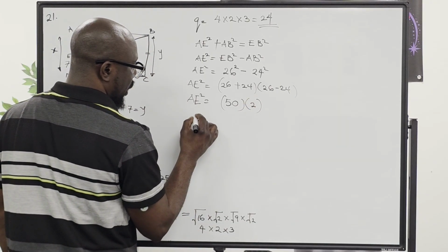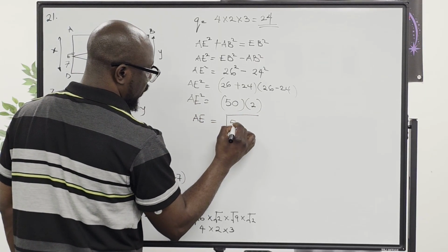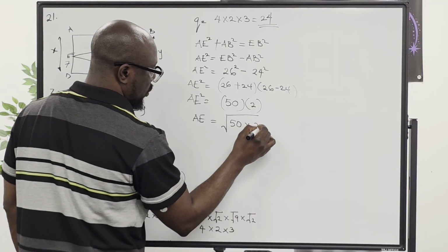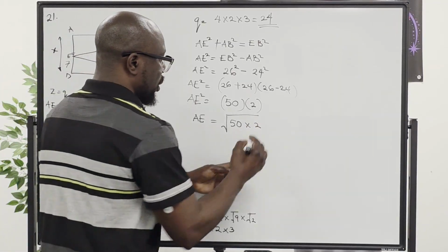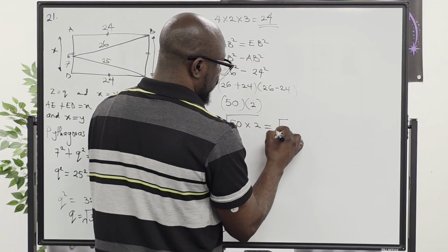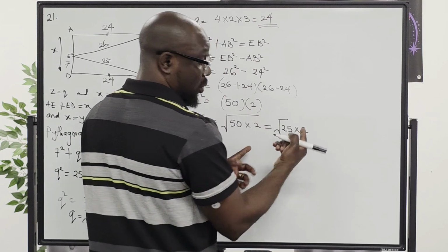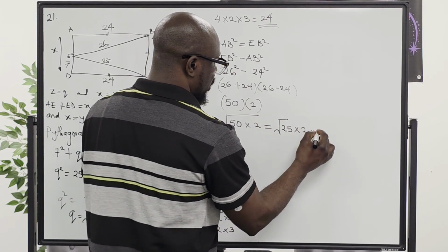So AE is equal to the square root of 50 times 2. And we can write 50 as 25 times 2, so the same thing then times 2, right?